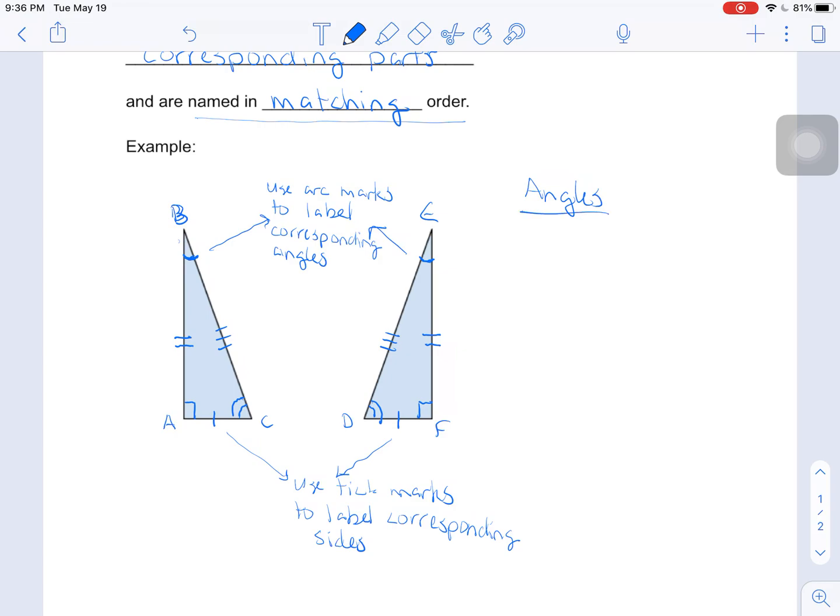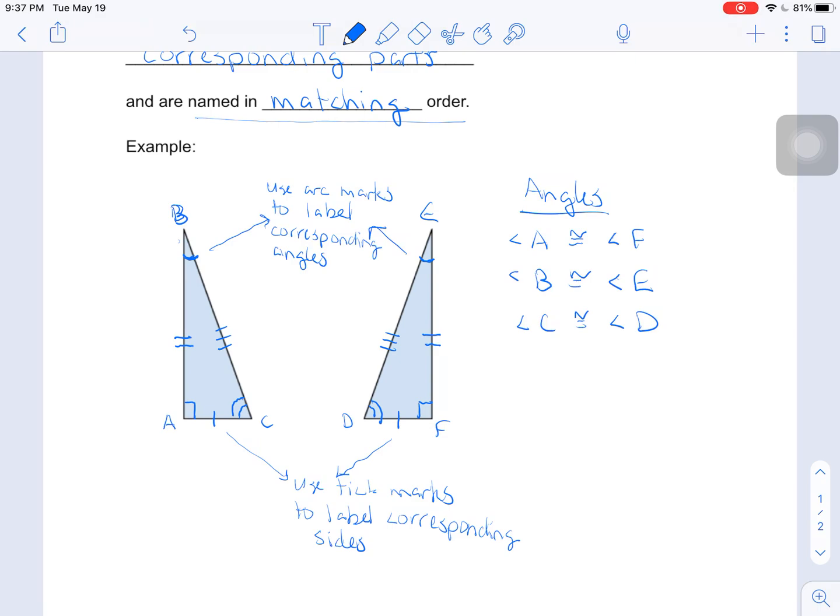Angle A, and since these are congruent shapes, we're going to use our congruent symbol that we talked about the other day. Angle A is congruent to angle F, so those go together. Angle B is congruent to angle E. Those go together. And angle C is congruent to angle D. So naming the angles is not so bad.